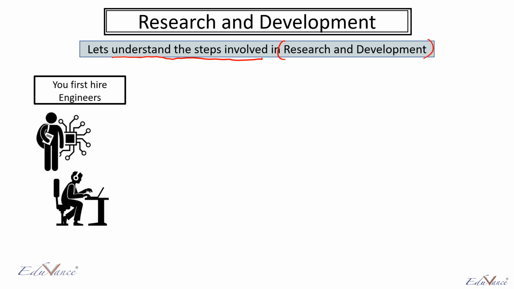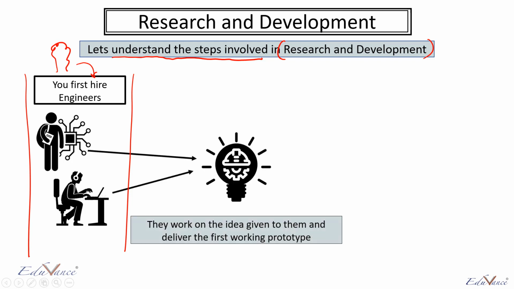So first, you will need to hire engineers, and engineers are those people who will develop your product and who will make the first step towards converting your idea into some sort of a product. So first you hire engineers. Then these engineers, they will work on the idea and they will deliver the first working prototype.